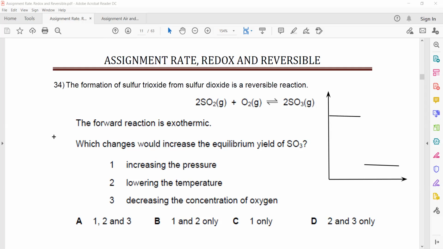The question is which change would increase the equilibrium yield of sulfur trioxide, like shift the equilibrium. So increasing the pressure, because 3 moles to 2, that's right. Lowering the temperature, that's also correct, you will get more. But if I reduce the amount of oxygen, equilibrium will shift towards the left hand side. So that will be wrong. So B is the correct answer.